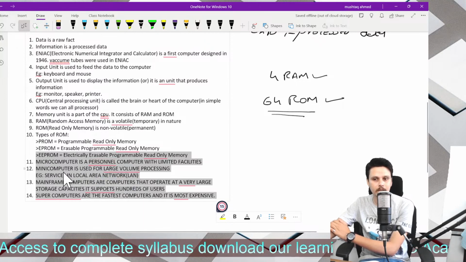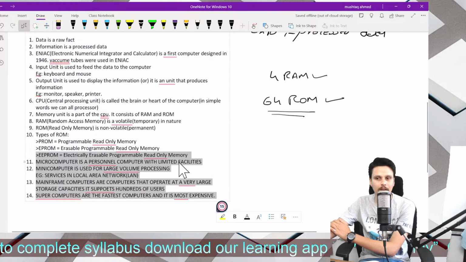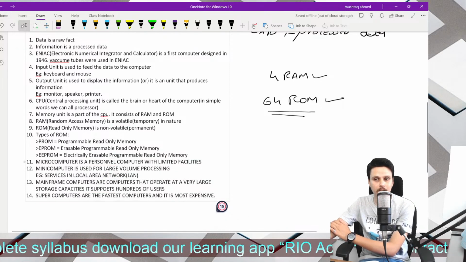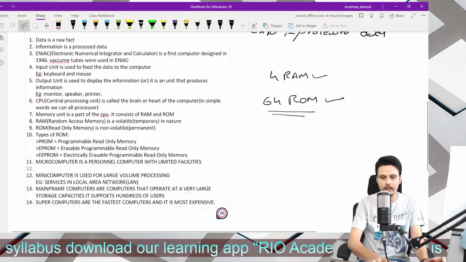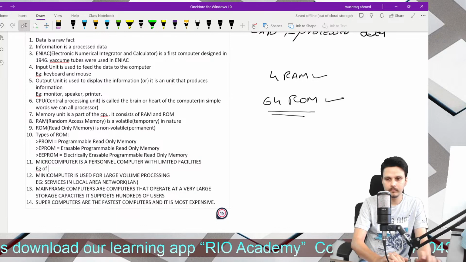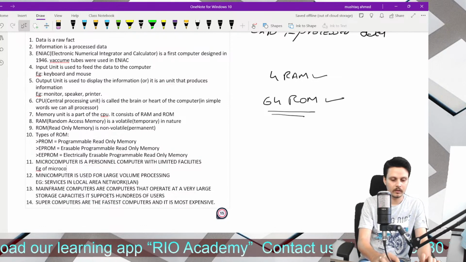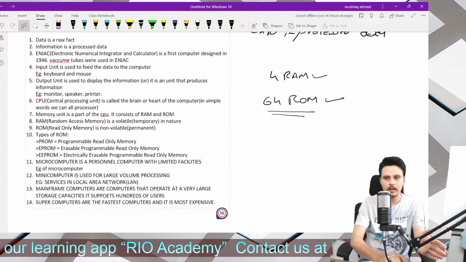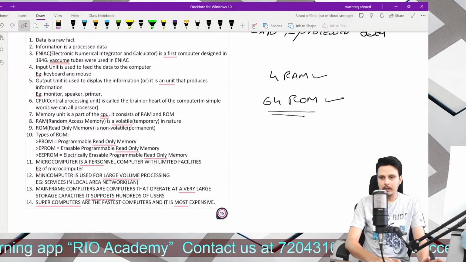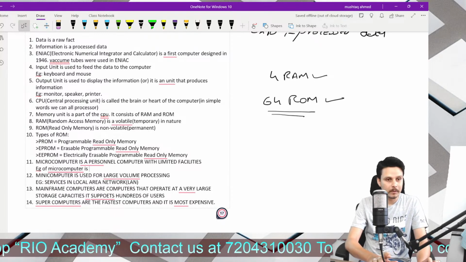The examples for microcomputers are personal computers, laptops, tablets, all these come under microcomputers. A laptop is also for personal use only.